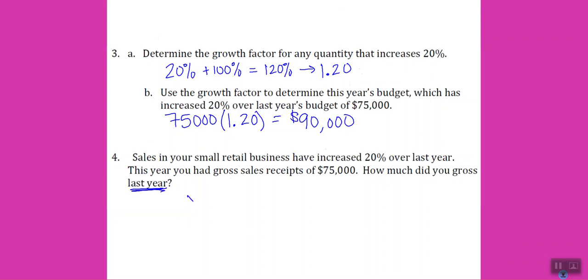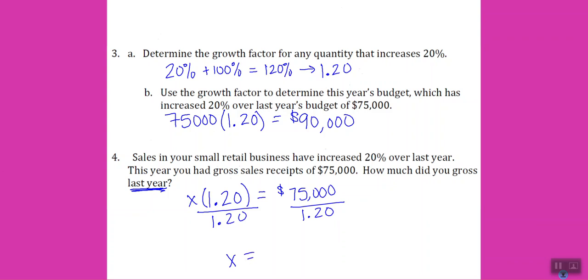So we know whatever we had last year times a growth factor of 1.20 is going to give us $75,000. So I'm going to divide by that growth factor. And that tells me that last year I had $62,500.